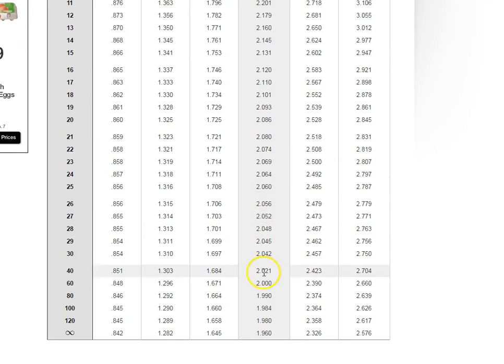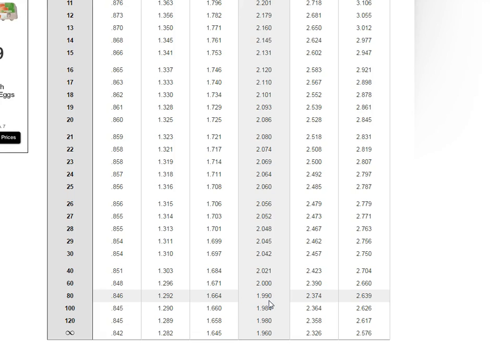My sample size was 75, and so I would want to go to the row that's 74. You can see here that there is no 74. There's not even a 70. So I want to choose the one that is closest. So 80 is closer than 60, and so I'm going to choose 1.99.